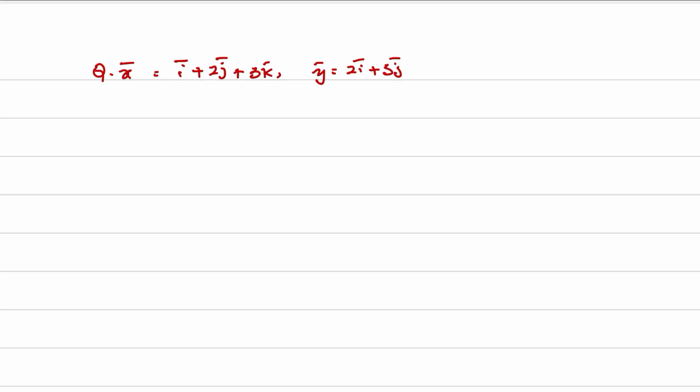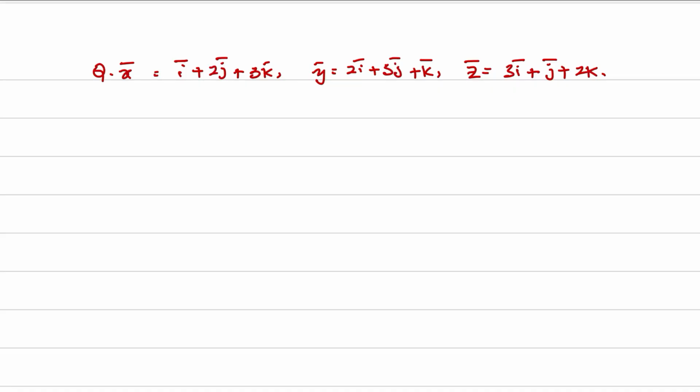It is given that vector x is equal to i plus 2j plus 3k, vector y is equal to 2i plus 3j plus k, vector z is equal to 3i plus j plus 2k.